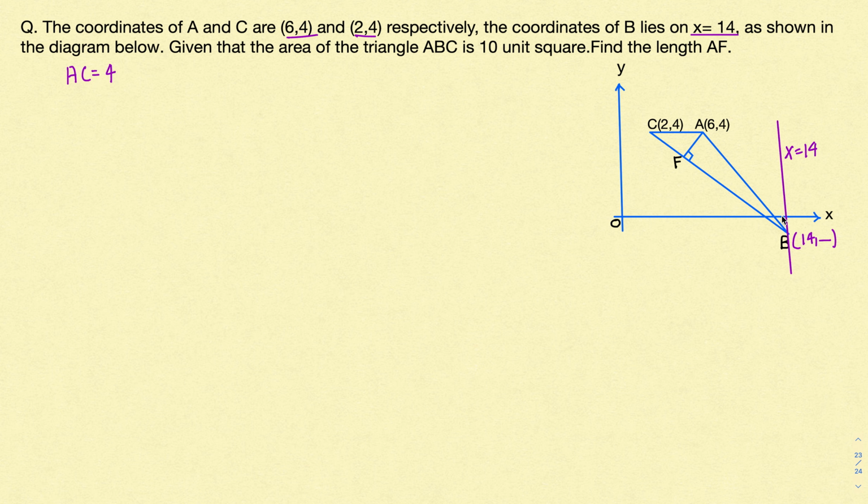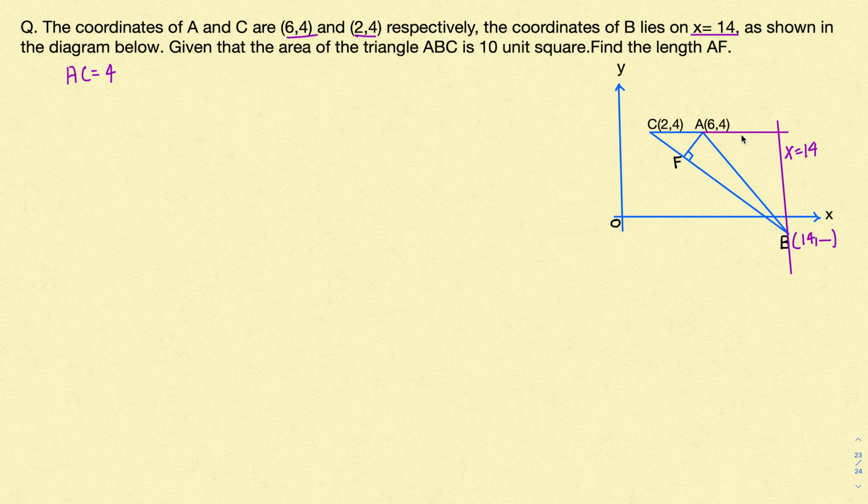Now we know the area of this triangle. So if we take AC as the base, what will be the height of triangle ABC? The height of the triangle will be the perpendicular distance from the third vertex to the base.